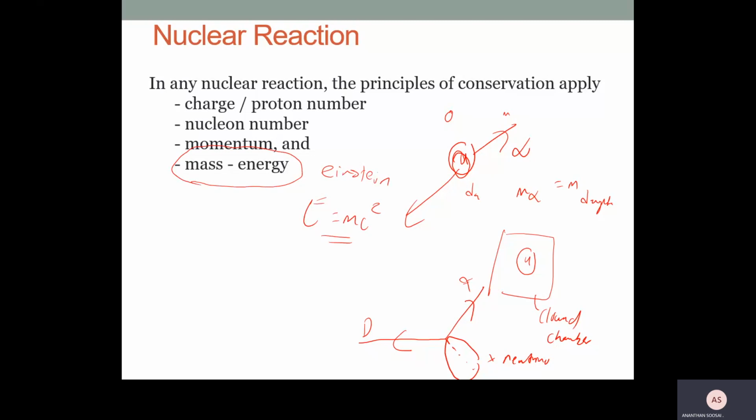Mass and energy are two different forms of the same substance, the same entity. Mass can convert to energy and energy can convert to mass, and it only happens at the nuclear stage.